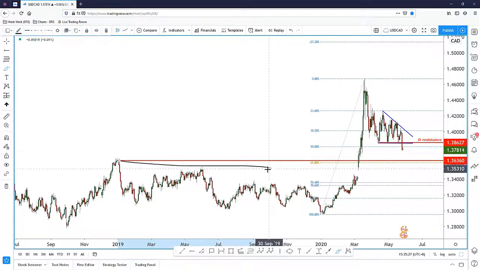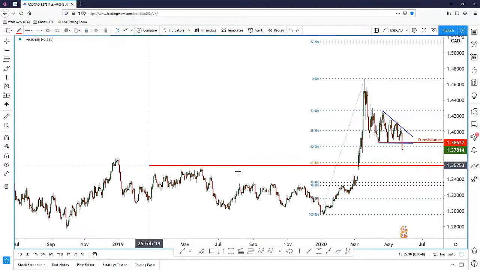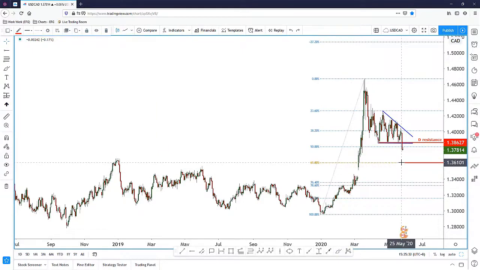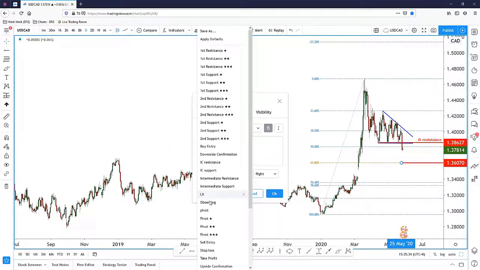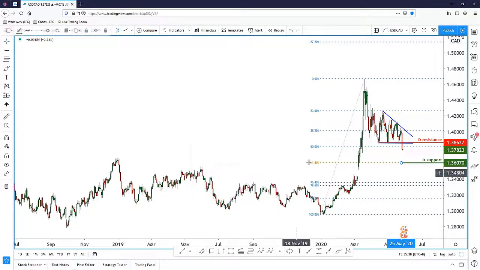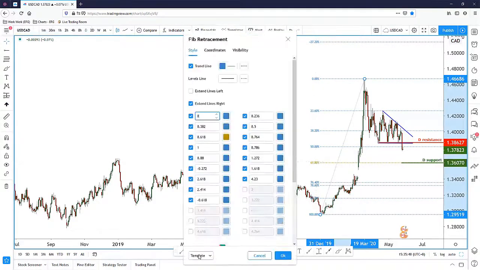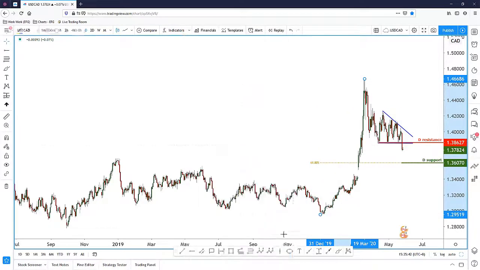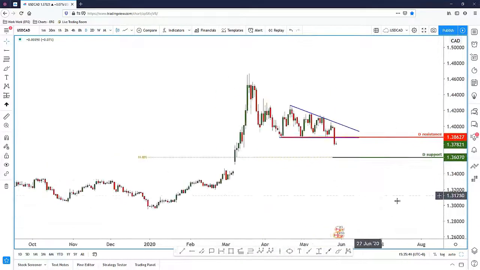So this can definitely be our first daily support. Let me just highlight this as a daily support, and let me highlight the 61.8. Now I'll zoom back in.